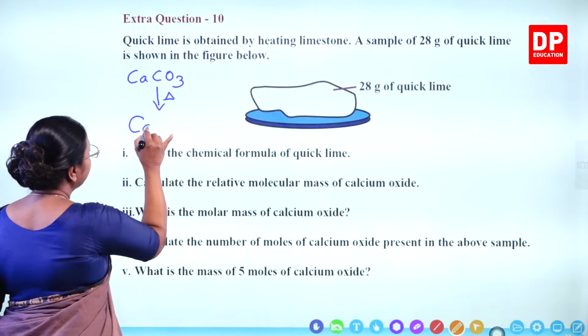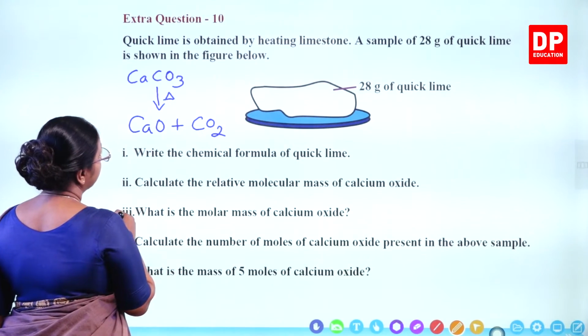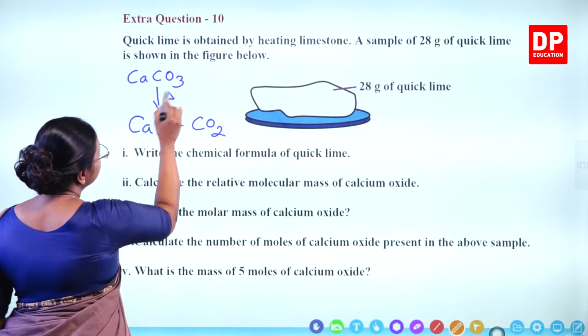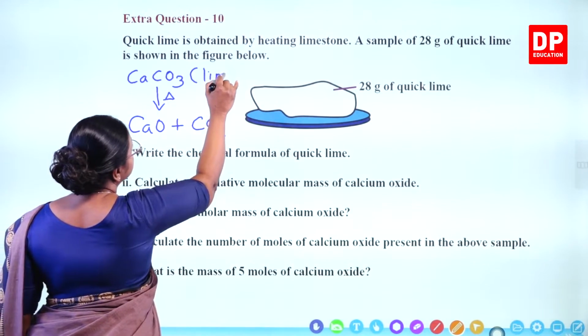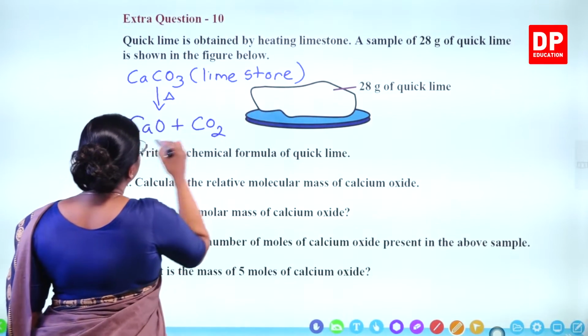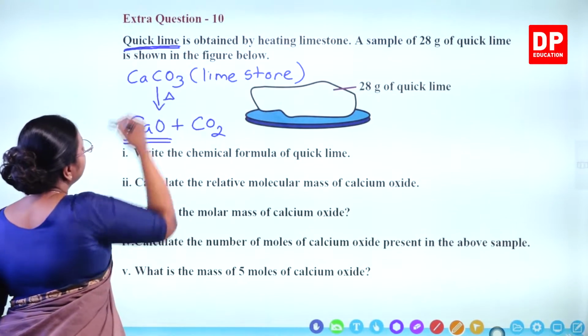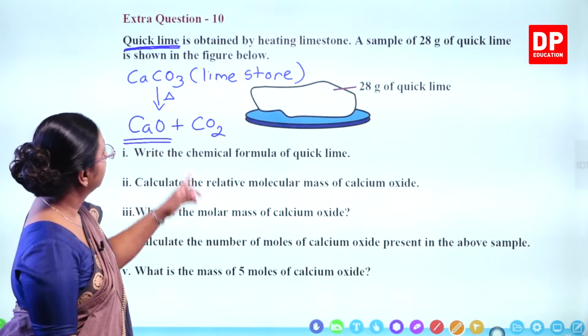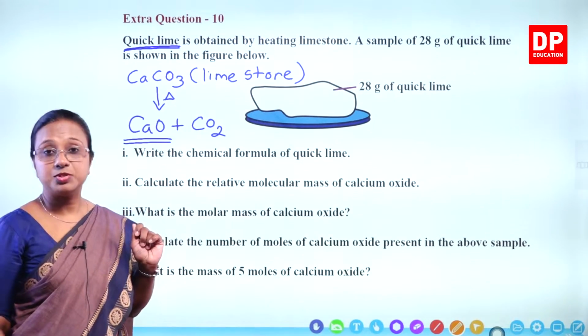You will get calcium oxide plus carbon dioxide. Now calcium carbonate is limestone, and this calcium oxide is the quicklime. So quicklime is obtained by heating limestone.